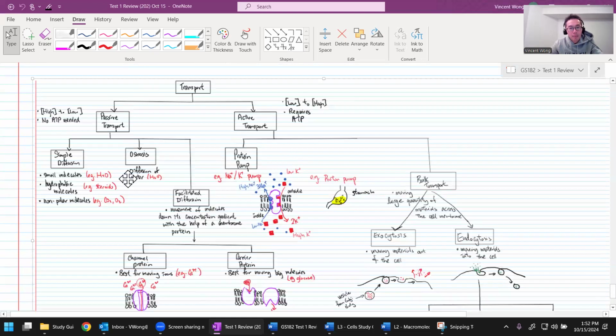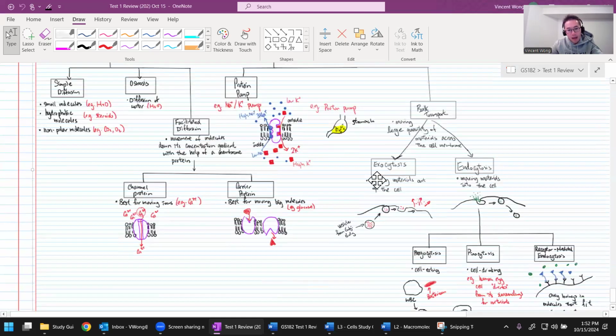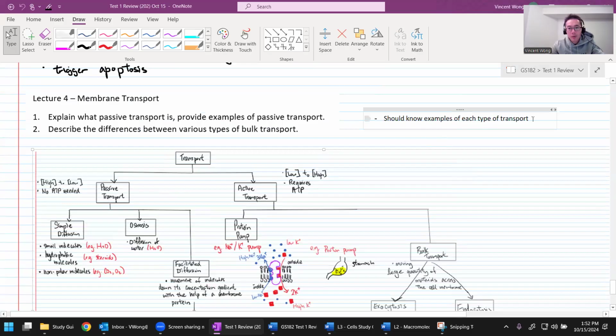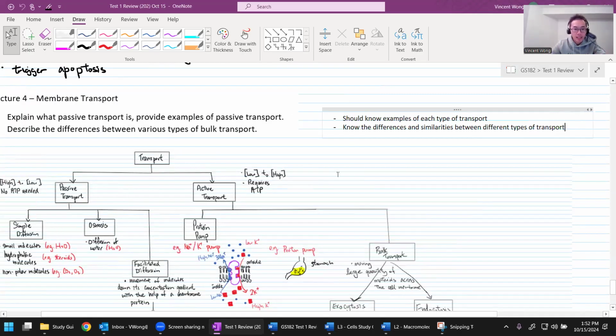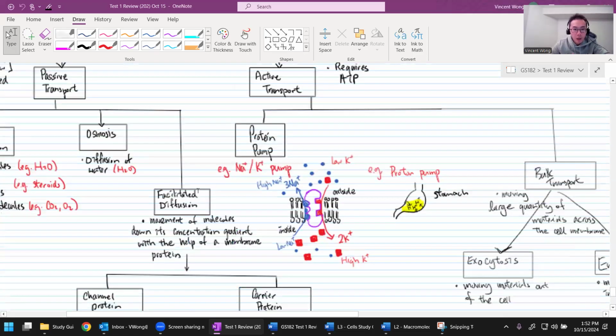So memorize it if you can. If not, have this chart next to you as reference. Then you can quickly check to see which one is what. You should know each type of transport, and the differences and similarities between different types. For example, facilitated diffusion is passive and a protein pump is active, so that's different.